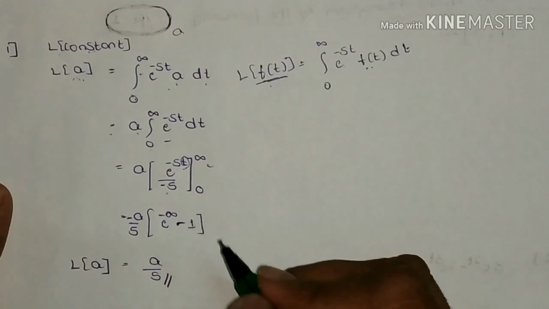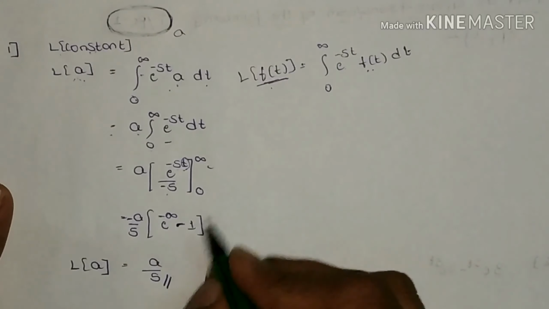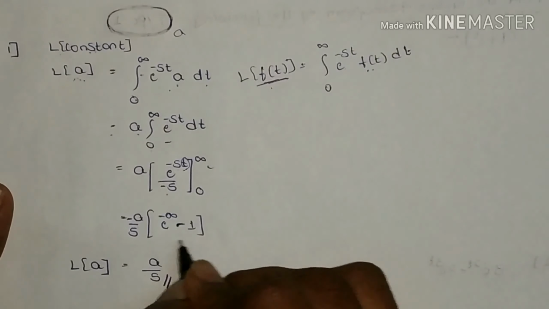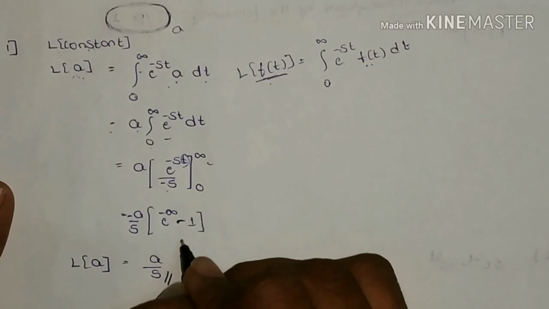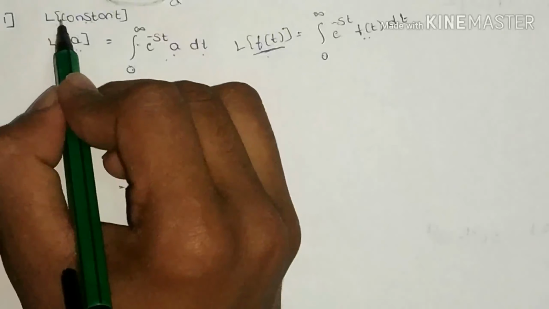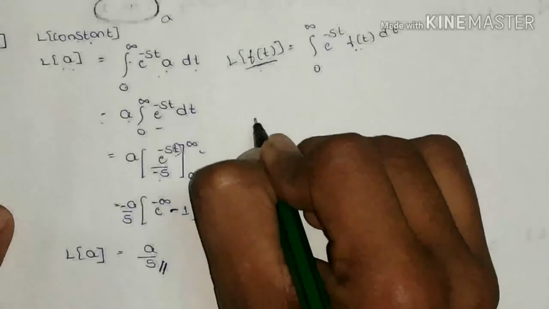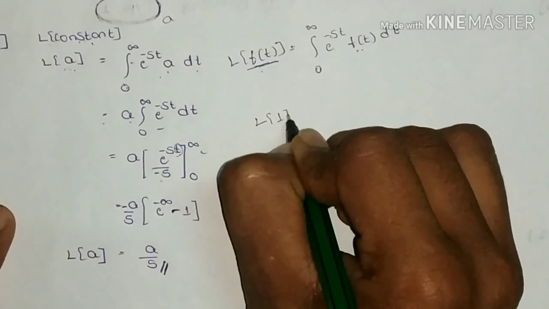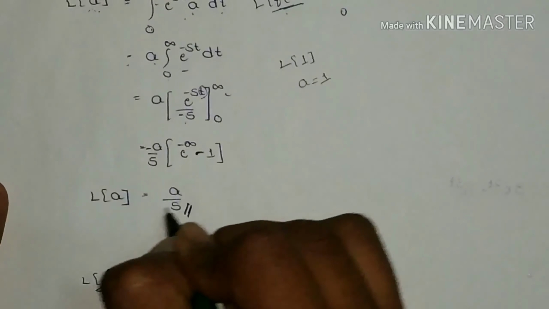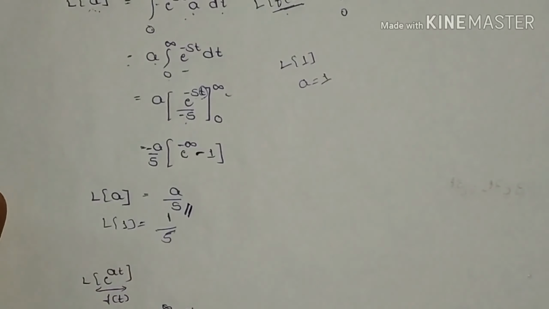E raised to minus infinity is 0, and 0 minus 1 is minus 1, so it becomes a by s as the final answer. Therefore, Laplace transform of a constant is a by s. If the Laplace transform of 1 is needed, here a is equal to 1, so the Laplace transform of 1 is equal to 1 by s. Got it?